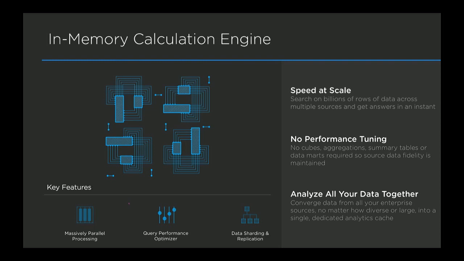And so as data is being accessed through various different search queries, all of the processing and the calculations and whatever interactions or filters that need to be applied are all done through massively parallel processing across this in-memory calculation engine, to be able to provide end users that speed at scale as they're searching across billions of rows of data across multiple sources, so that they can get their answers as quickly as they can.